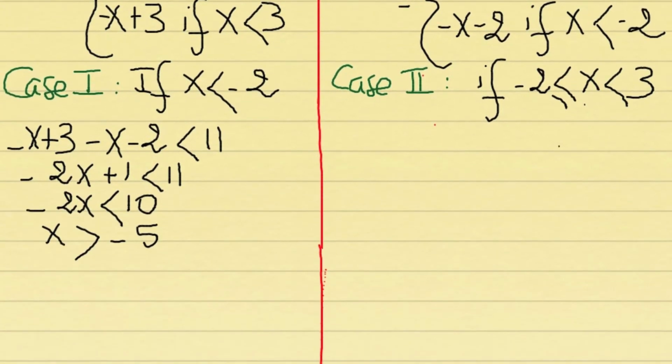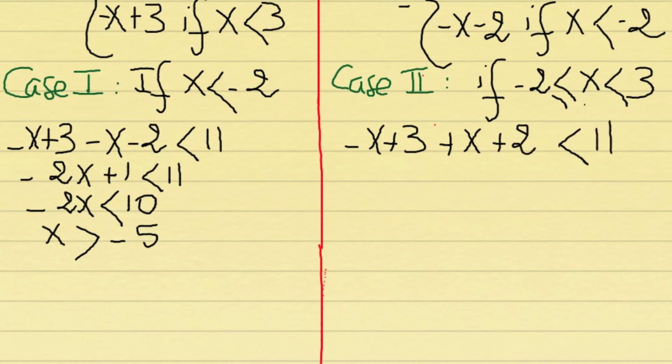So writing that off, the absolute value of x minus 3 will be negative x plus 3, plus the absolute value of x plus 2, which is x plus 2, and that is less than 11. Negative x plus x is 0, 3 plus 2 is 5, 5 less than 11, and this is always true.